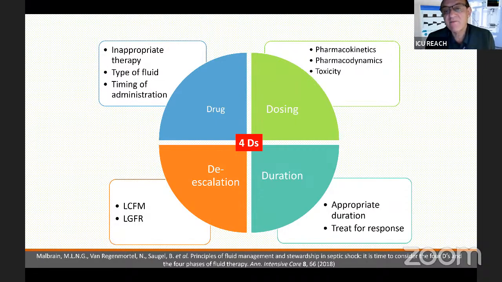The fluid would have dosing and it would have pharmacokinetics and pharmacodynamics, and fluids have toxicity. And of course, there's an appropriate duration to give those fluids, and we're going to see that in details, and we treat for the response. And then we de-escalate based on the late conservative fluid management strategy or late goal fluid removal strategy.